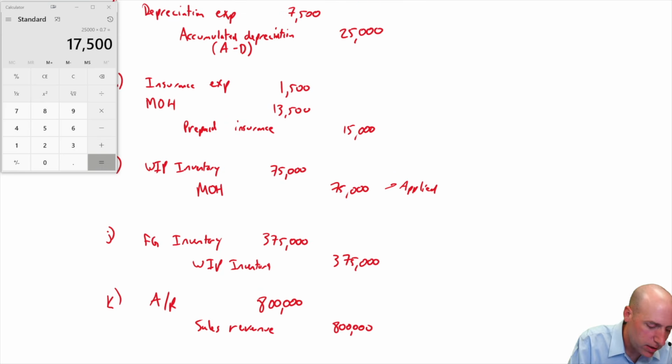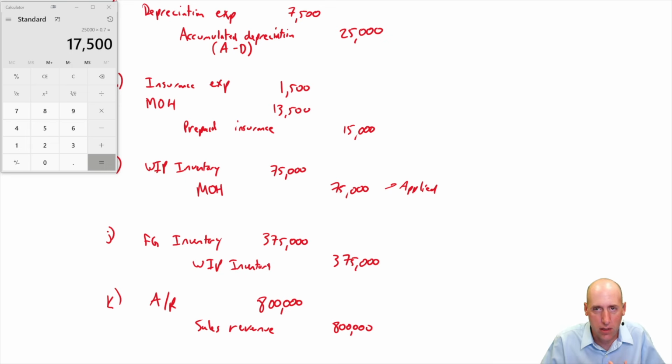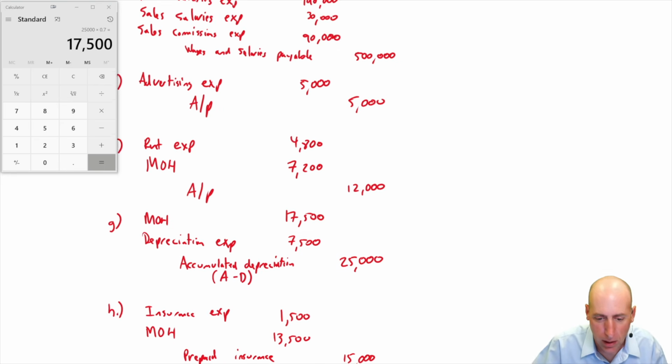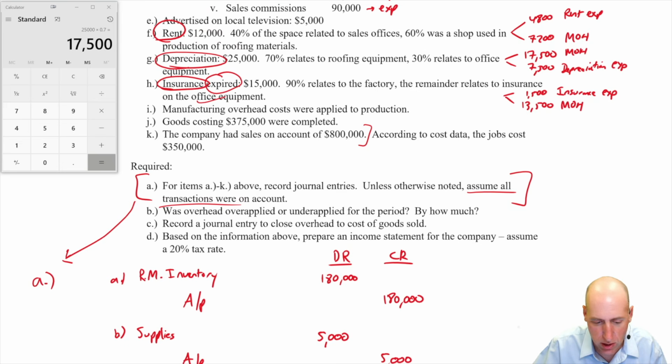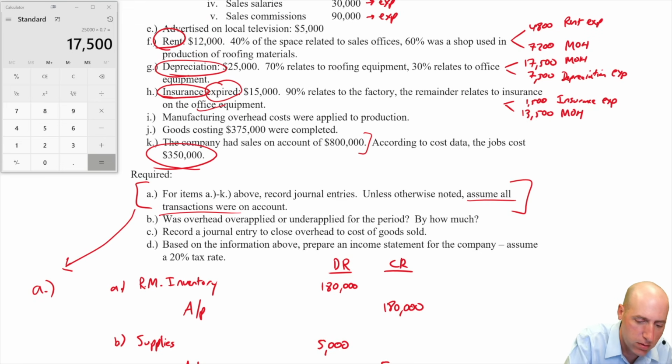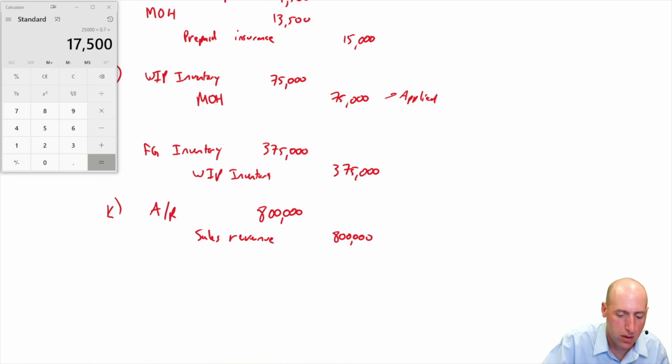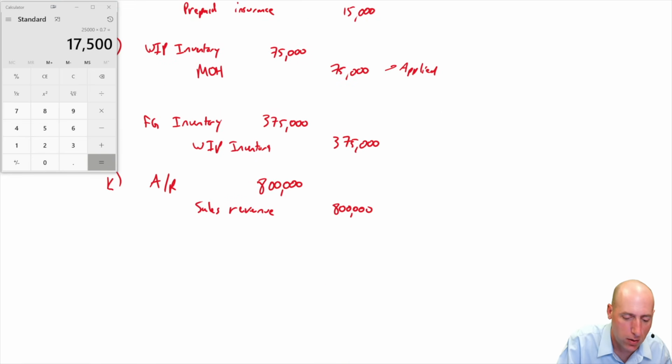And there's another piece to this. Whenever you sell stuff, you not only sell the stuff and get the money or the account receivable, you also have a customer who walks away with a bunch of your stuff. In this case, our customer walked away with a bunch of our shingles. How many dollars worth of shingles did they walk away with? $350,000, right? That's how much those jobs cost to make. So $350,000 worth of shingles walked out the door with our customer.